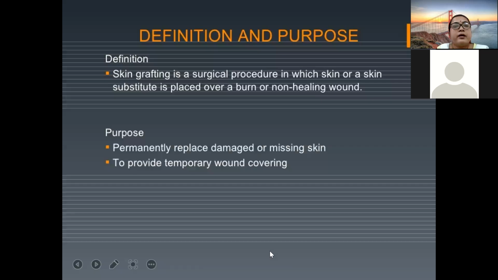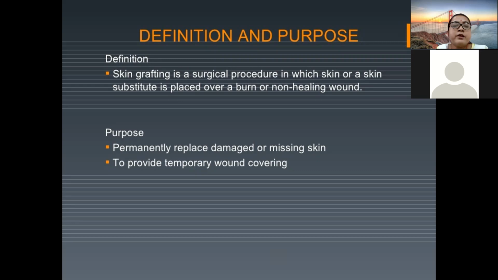Next, coming to another definition of skin grafting. Skin grafting is a surgical procedure in which skin or a substitute is placed over a burn or a non-healing wound. Just now I told you that a part of the dermis and epidermis is surgically taken from healthy skin and placed where the burn has occurred, or where some non-healing wound is present.